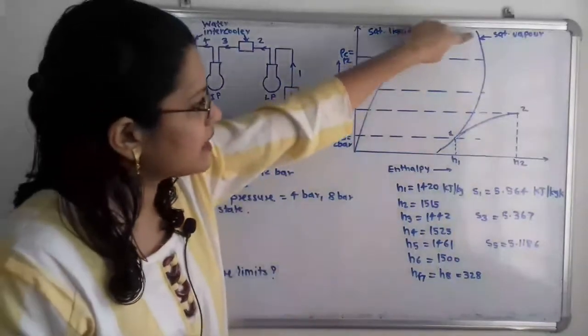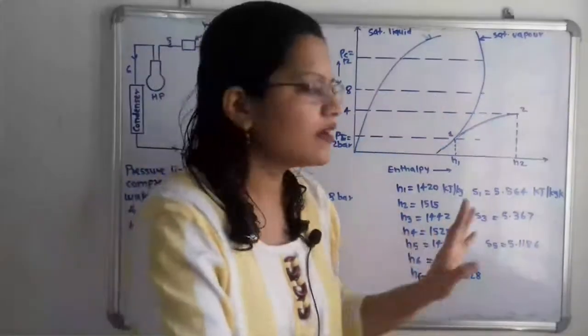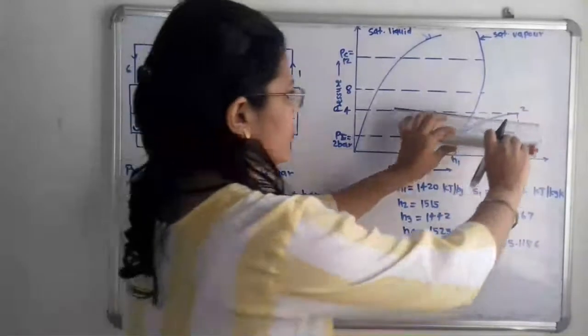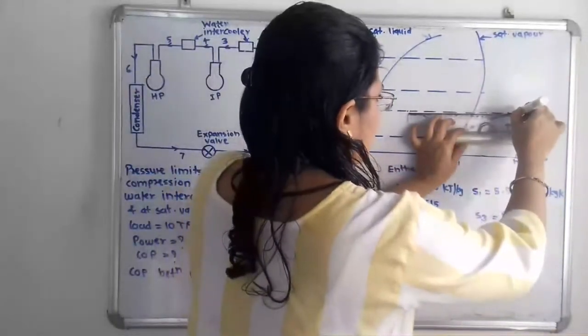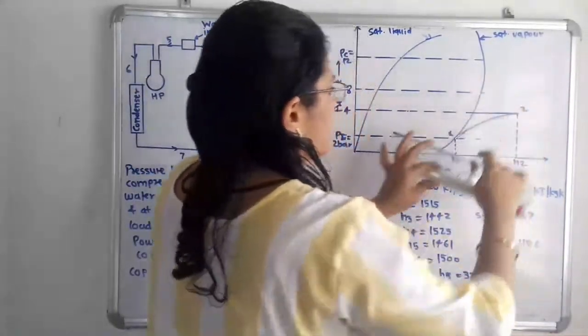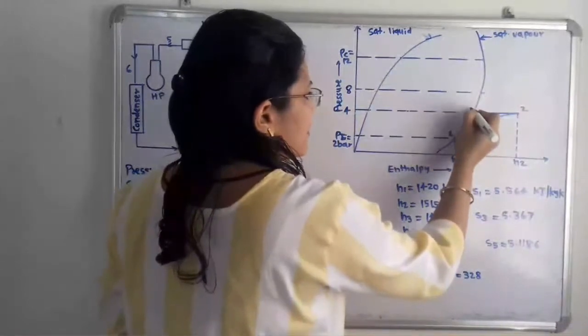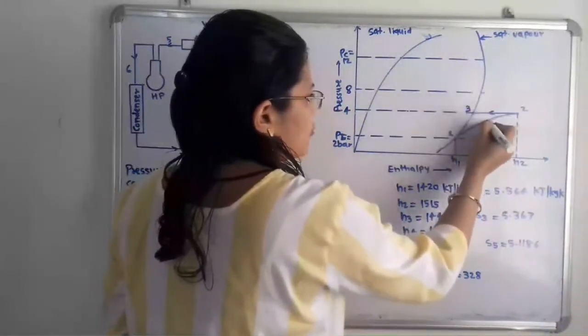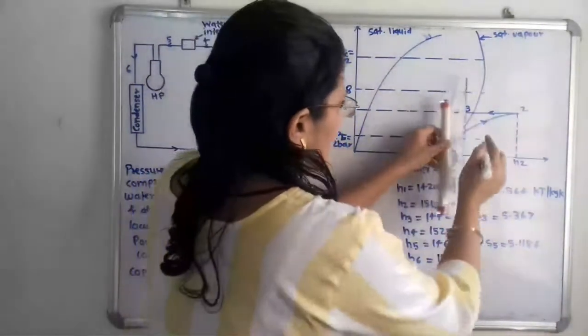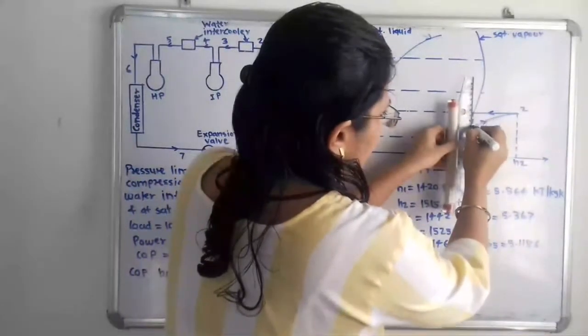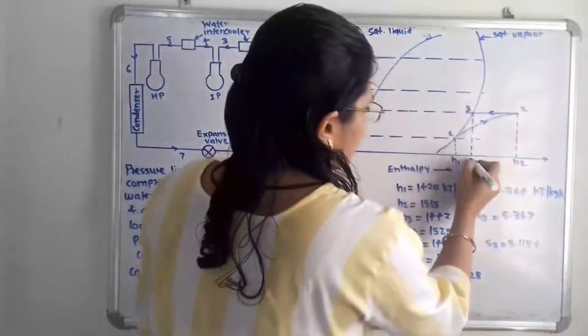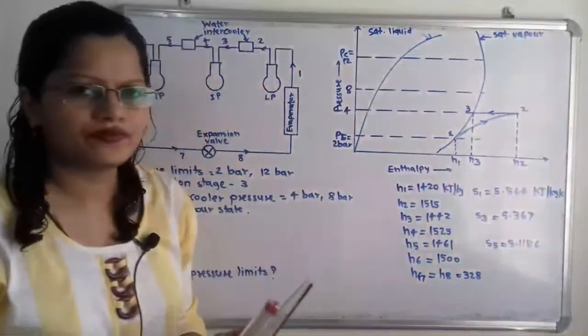So here is the saturated vapor line. So we will extend this line or cooling process up to this saturated vapor line. So here will be the next point, that means point 3. So we have to show the arrow also, and now here will be the H3.